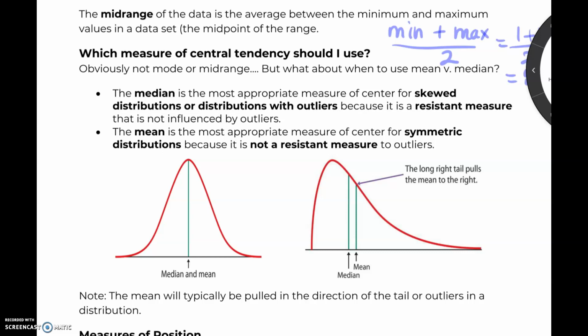Again, for a symmetric, unimodal, bell-shaped distribution, we want to use the mean, and for a skewed or non-symmetric distribution, we want to use the median, because the median is not affected by the outliers, whereas the mean is very sensitive to outliers.